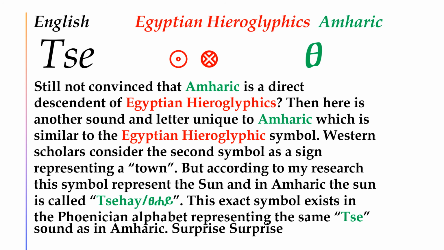And the Western scholars have taken the signs. They did not assign a letter to it. They simply assumed that these signs represent a town or a city. But I don't think so. It has a sound. It is a letter representation.